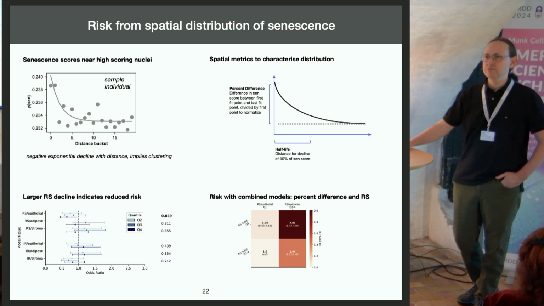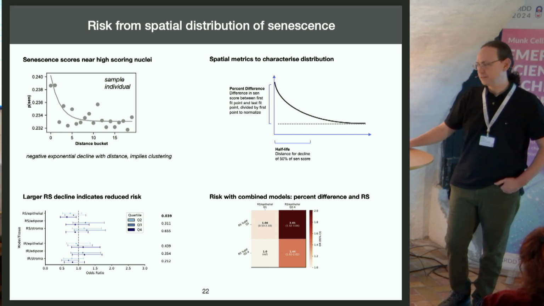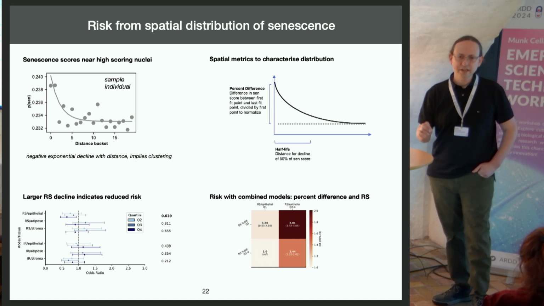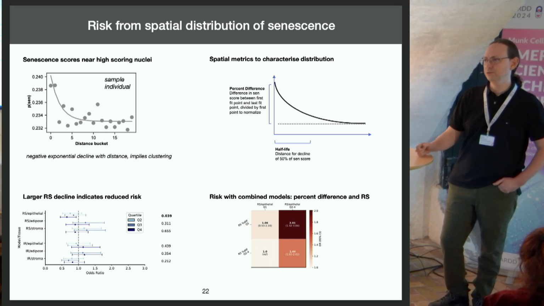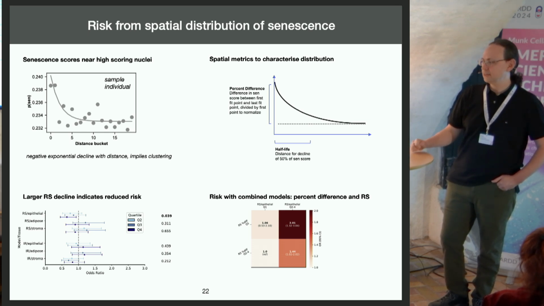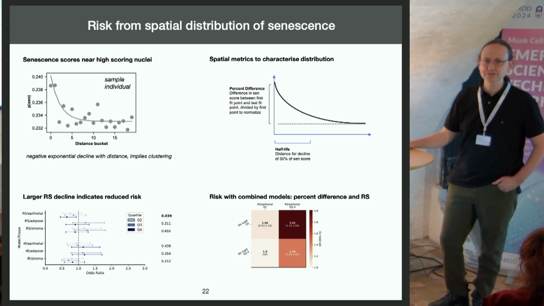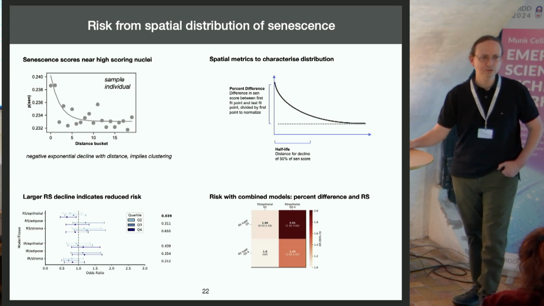In addition, we also looked at the spatial distribution of senescence. I've talked about how we can identify individual nuclei, estimate senescence scores for them, and place them in different tissue compartments. By doing that, we can look at the spatial patterns. One very interesting property is that we very commonly see a declining exponential curve, like you see on the left, near high-scoring nuclei.